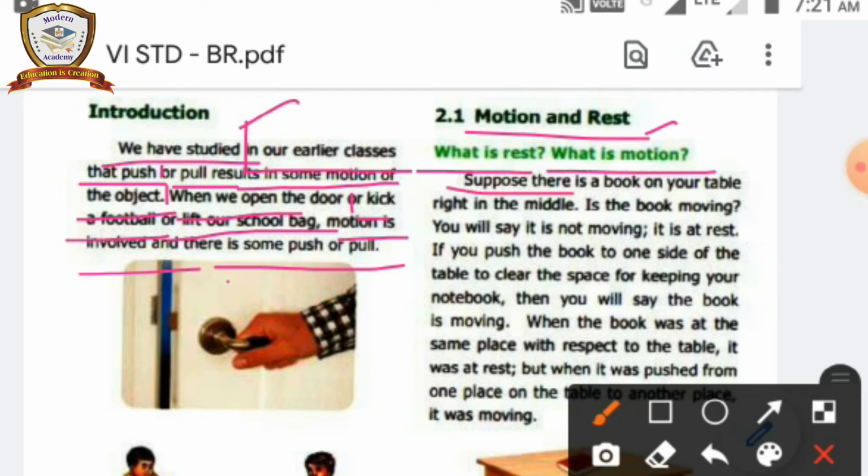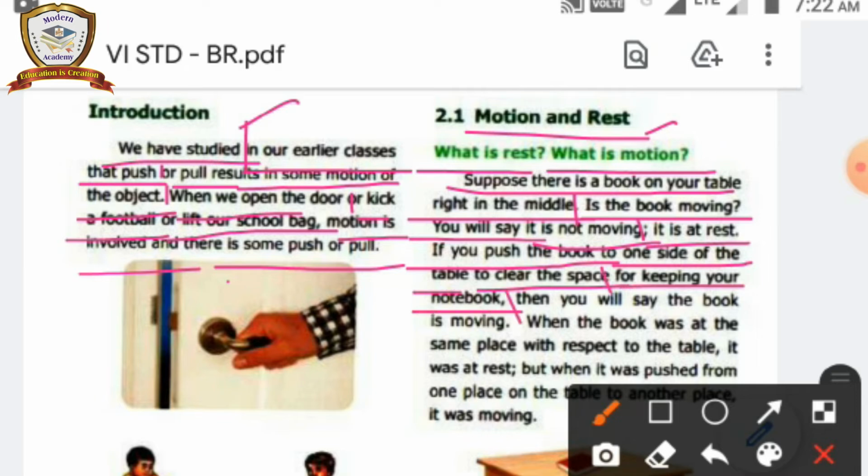Suppose there is a book on your table, right in the middle. Is the book moving? You will say it is not moving, it is at rest. If you push the book to one side of the table to clear the space for keeping your notebook, then you will say the book is moving.